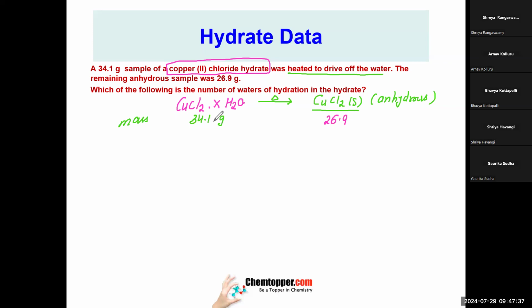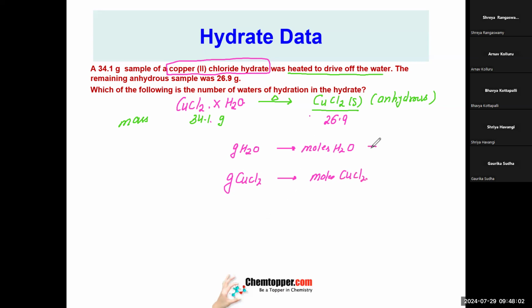So from this information, can I work out the grams of water and then moles of water? And from the grams of CuCl2, can I work out the moles of CuCl2?